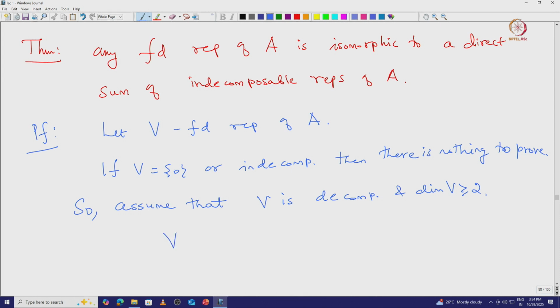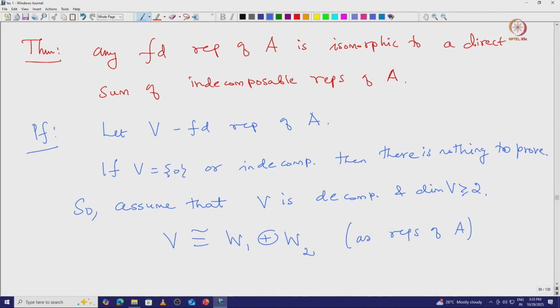So, we can write V as isomorphic to W1 direct sum W2 as representations of A. If V is isomorphic to a direct sum of two representations, then by pulling back the copies of W1 and W2 to V, it can be proved that V must be a direct sum of two subrepresentations.